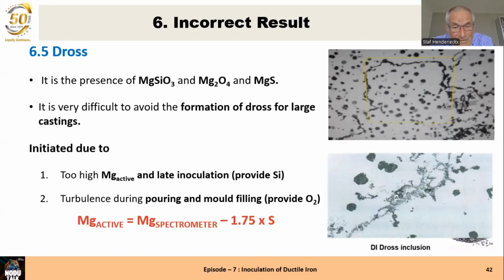If you have high turbulence during the mold filling, then you provide a lot of oxygen and you risk dross. So please, for thick castings, look at these figures and make sure that it's difficult to avoid dross, but you will have to take measures to not have it.